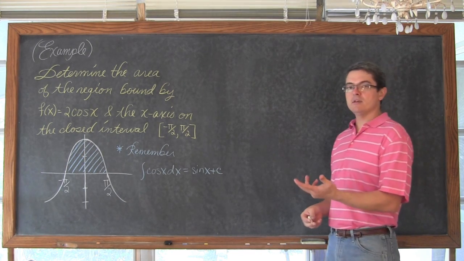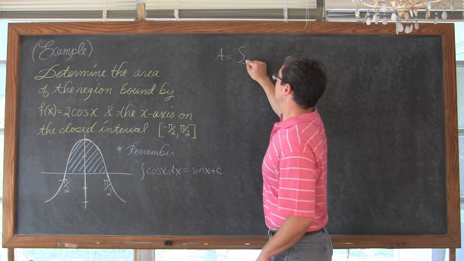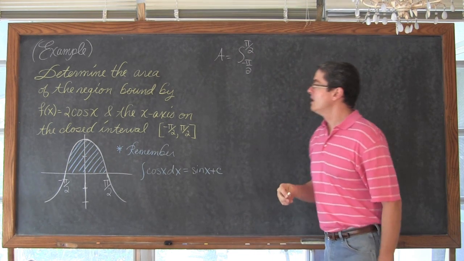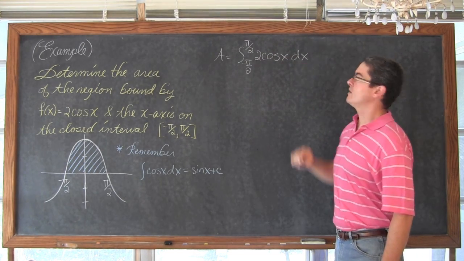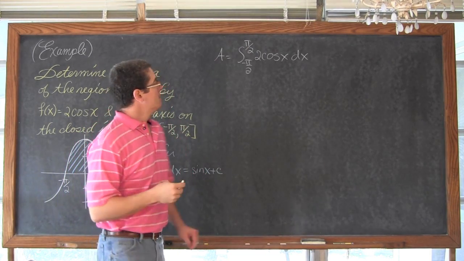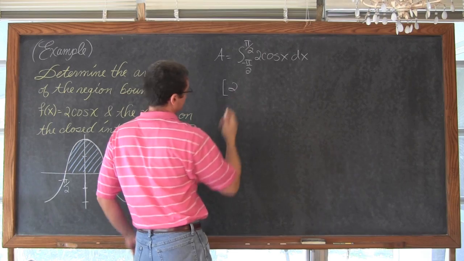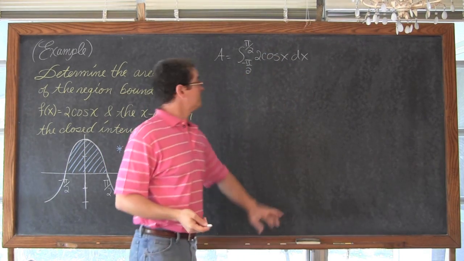Okay, so I want to write this area is going to be equal to the definite integral from negative pi over 2 to positive pi over 2 of 2 cosine x, and don't forget, what are you integrating with respect to? So don't forget the dx. That's going to be equal to 2, well, let's show all the steps, just because it's a trig function.